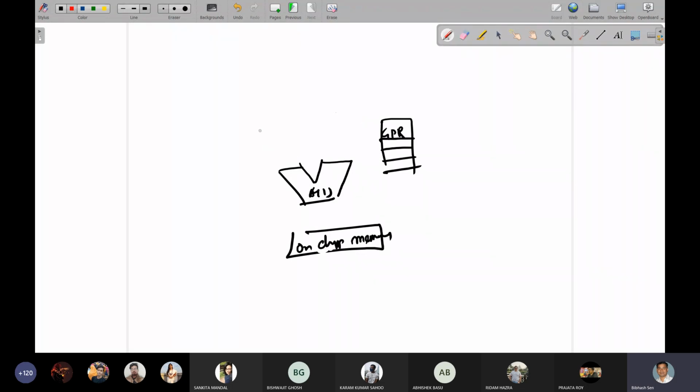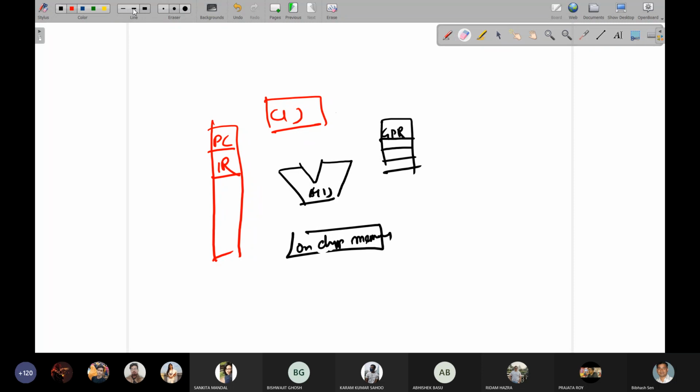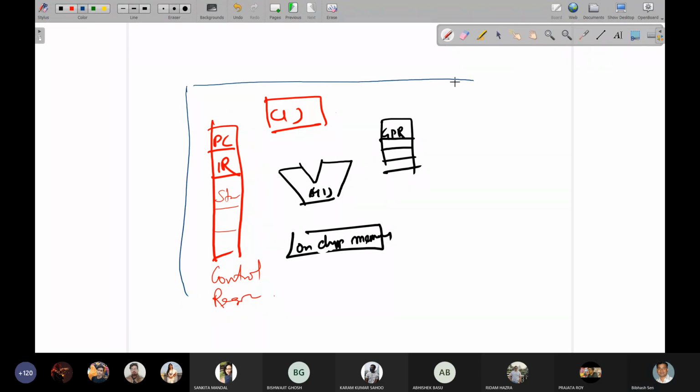After that, you go to the control unit, and you have some special control registers like PC, IR. These are the control registers. Then some status bits, status flags are there. So we can mention these as control registers. Is it clear? Now this entire thing is combined in a single chip.